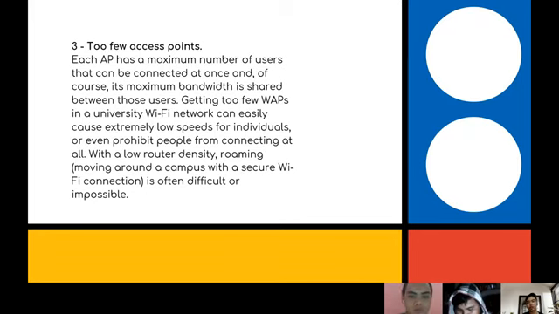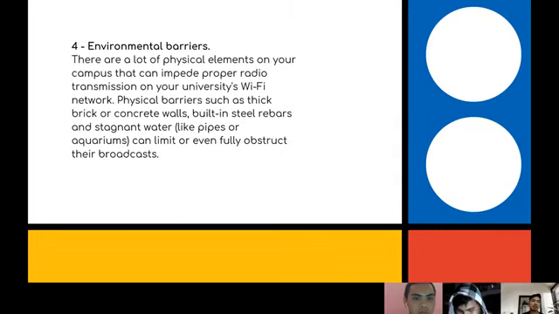Having too few wireless access points in a university Wi-Fi network can easily cause extremely low speed for individuals or even prohibit people from connecting at all. With a low router density, roaming around a campus with a secure Wi-Fi connection is often difficult or impossible. Next is environmental barriers.